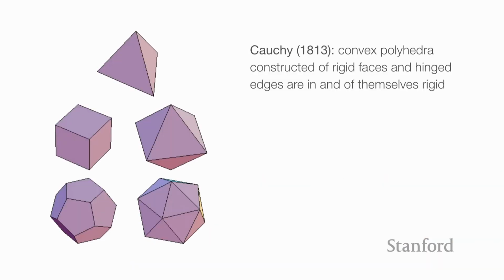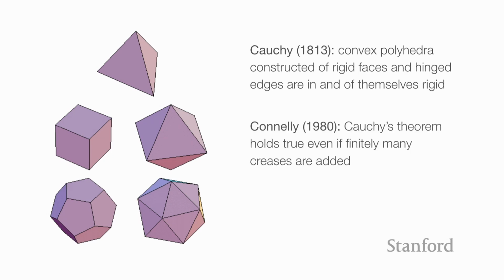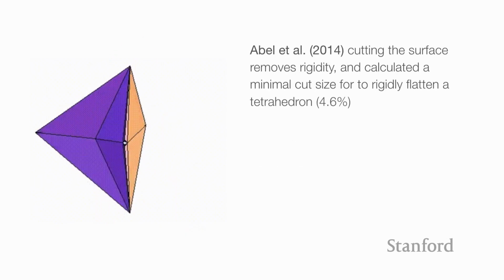Well, that was shown in 1813 by Cauchy, who proved that convex polyhedra constructed of rigid faces and hinged edges are in and of themselves rigid. And even if you add many different creases to it, it'll still be rigidly foldable.